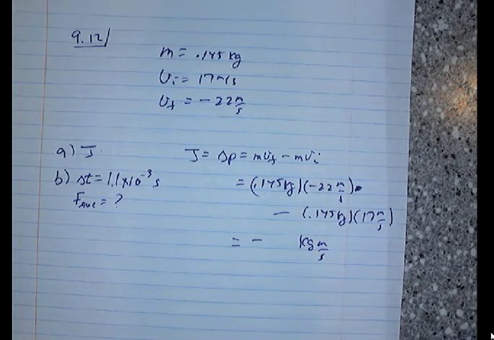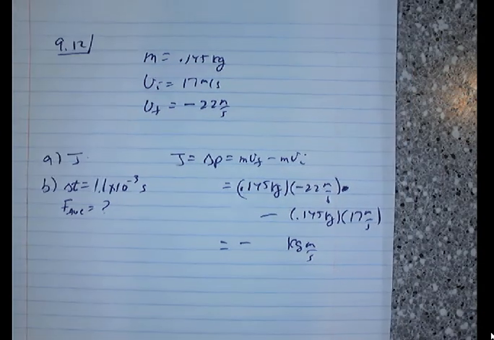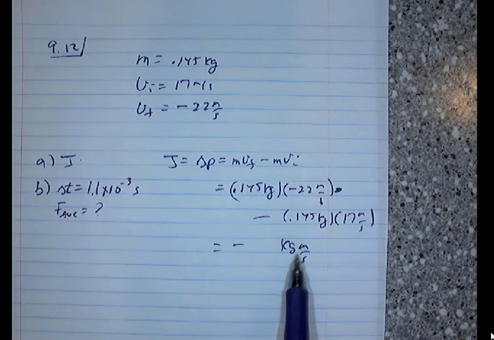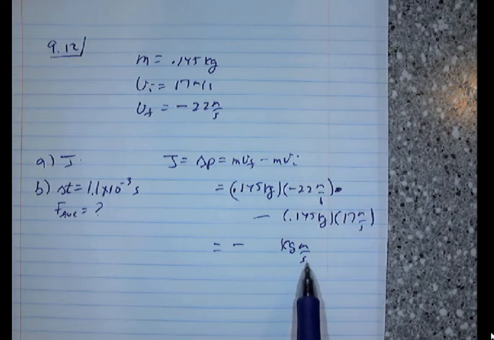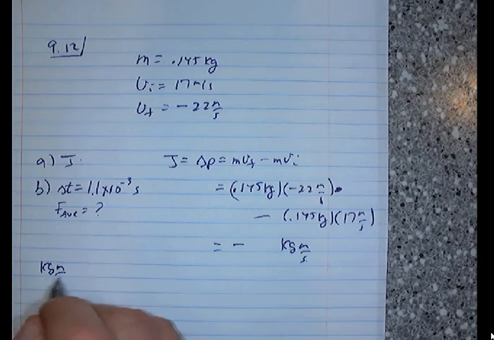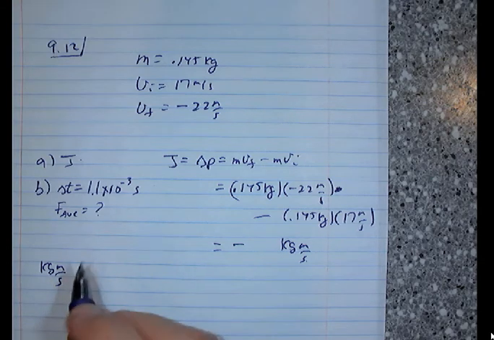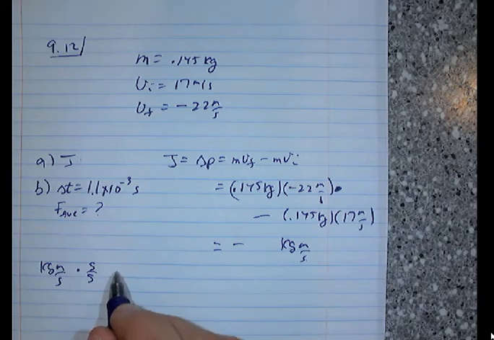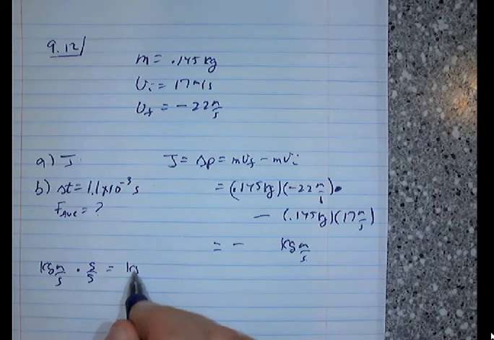So just the number. If you notice here, impulse units here are kilogram meters per second. That's the same thing as a Newton times a second. We saw that in previous problems. So let me just show you. A kilogram meter per second, if I multiply the top and bottom of this by seconds over seconds, I end up with a kilogram meter per second squared.